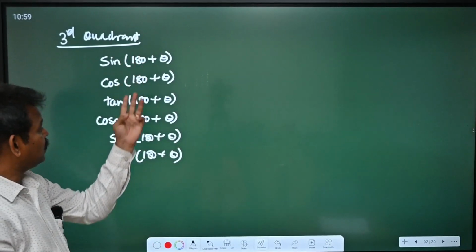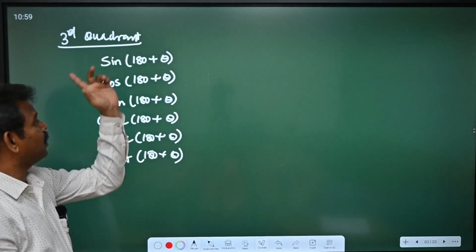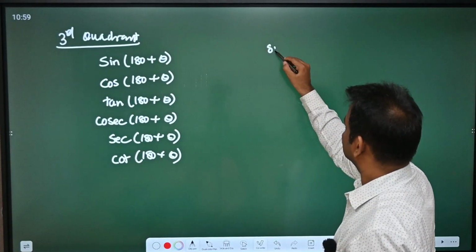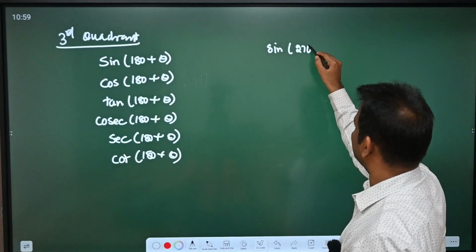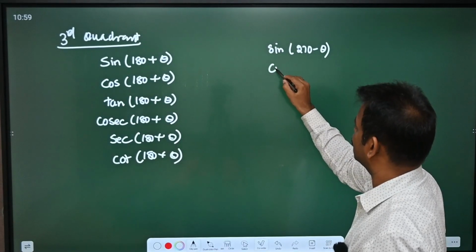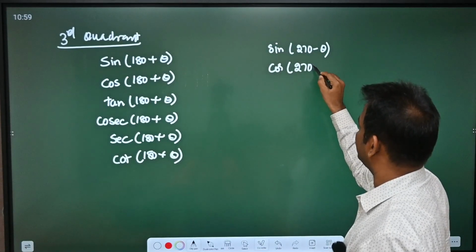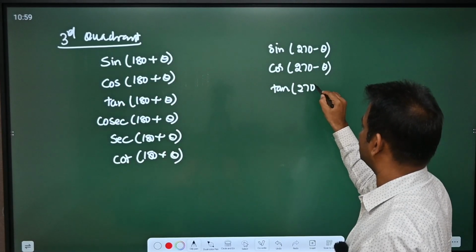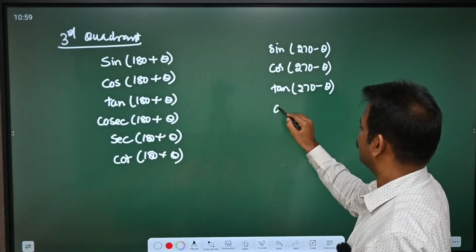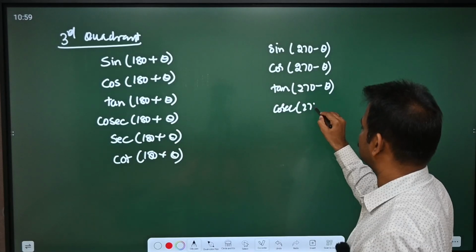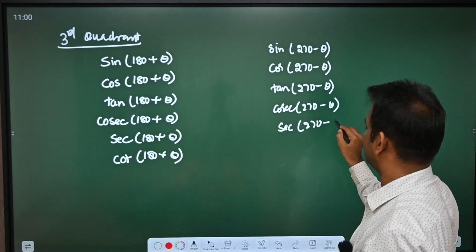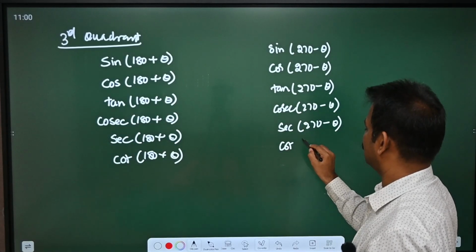So these are all the values which lie in the third quadrant. Similarly, sin 270 minus theta, cos 270 minus theta, tan 270 minus theta, cosecant 270 minus theta, secant 270 minus theta.